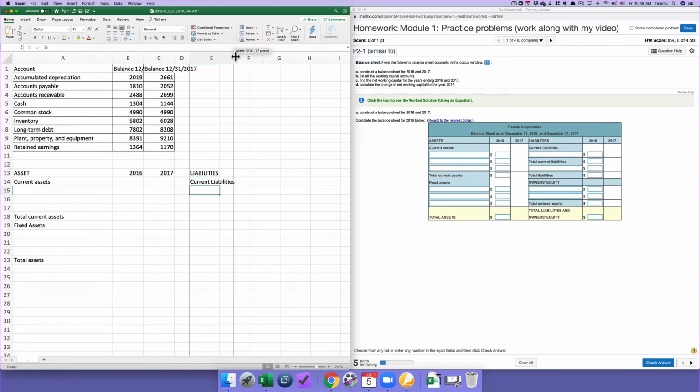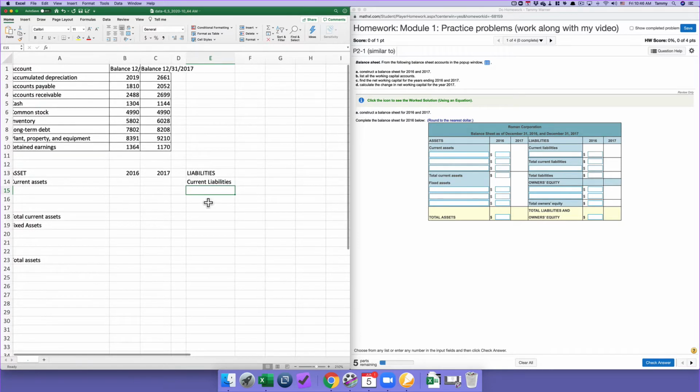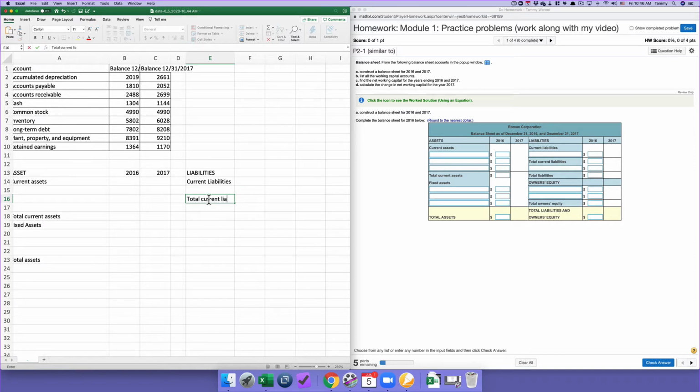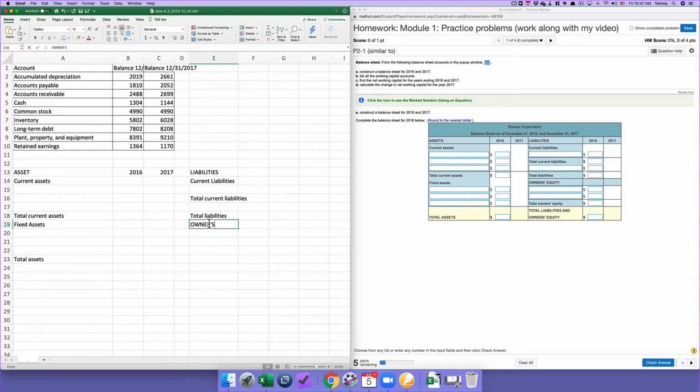Make this column a little wider. 1 blank line, total current liabilities. And then another line for total liabilities, which is along the same area as owner's equity. And there are 2 lines there, and then total owner's equity. And then on the same line as total assets, we have total liabilities and equity.